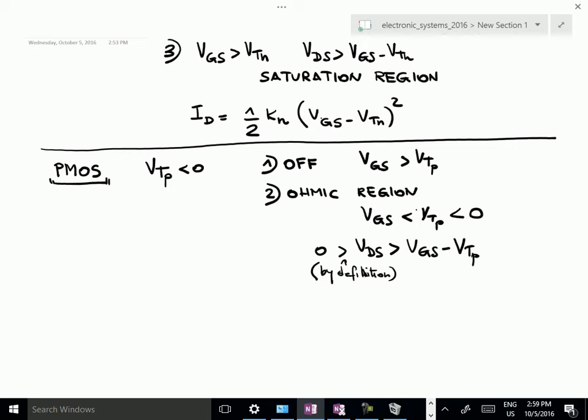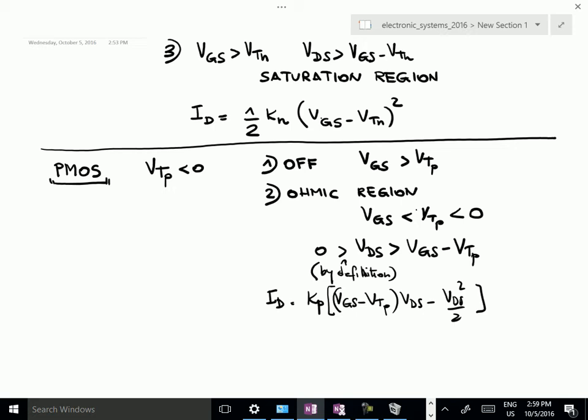In this situation, ID is equal to Kp times VGS minus VTP times VDS minus VDS squared over 2, which is identical to the expression that we had for the NMOS, except for the fact that we have different constants, Kp and VTP.